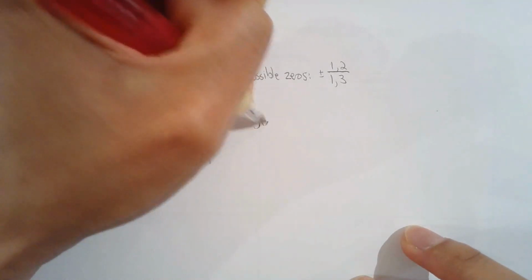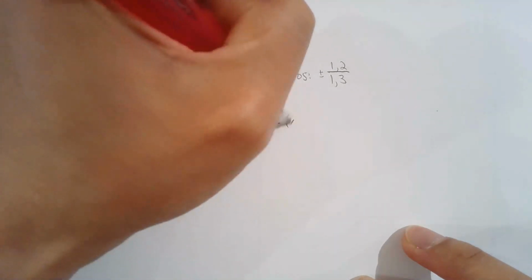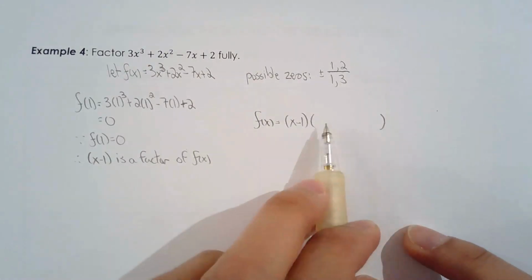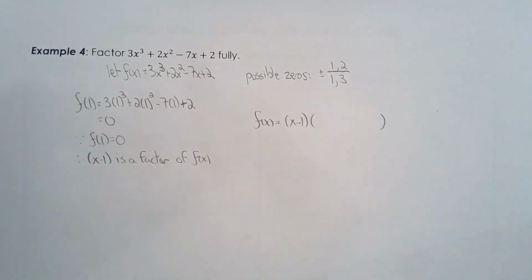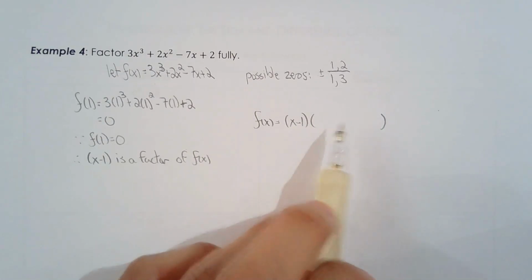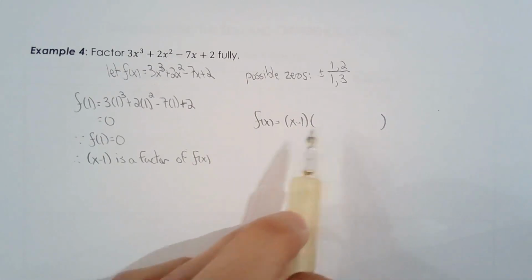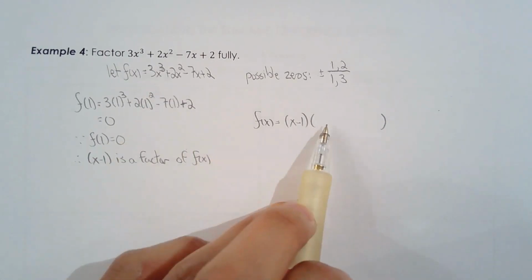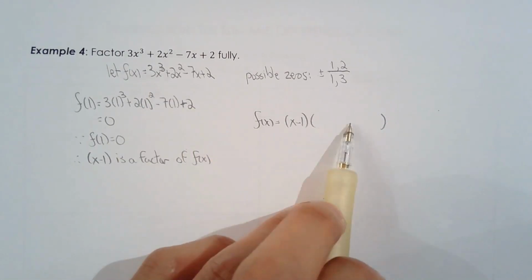So f of x is equal to x minus 1 times a quadratic factor. I don't know what the terms are exactly, but I know it must be a quadratic factor. Why? Because linear times quadratic will get me that cubic. So there are 3 terms: an x squared term, an x term, and a constant term.